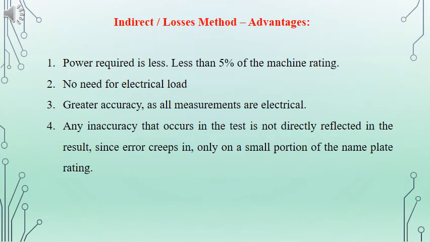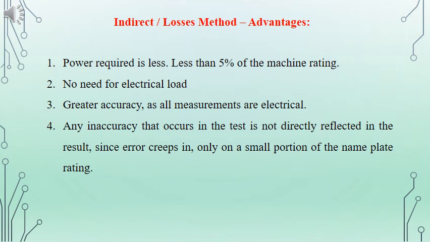The advantage in the case of the indirect method is the power required for measuring the loss will be very less, and there is no requirement of electrical loading. If an alternator is to be loaded in the direct method, we will have to have the equivalent loads or a large amount of loads depending on the rating of the alternator, and the accuracy will be far better in the case of the indirect method.